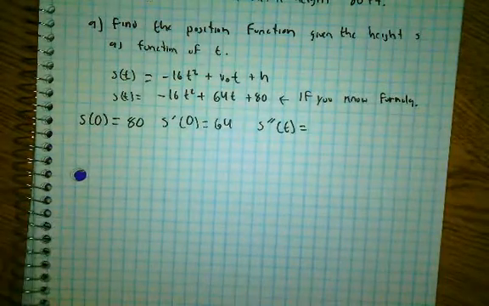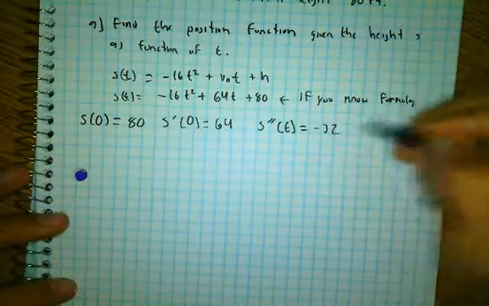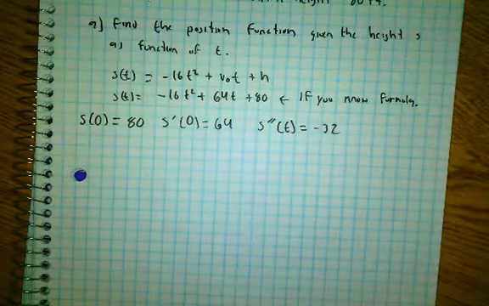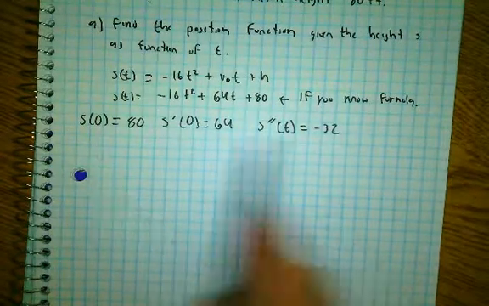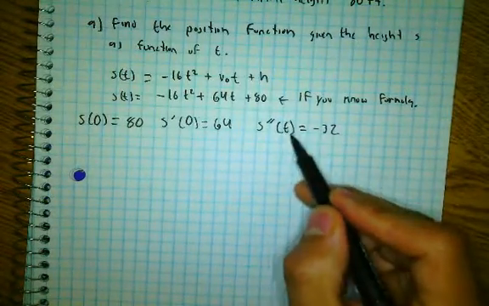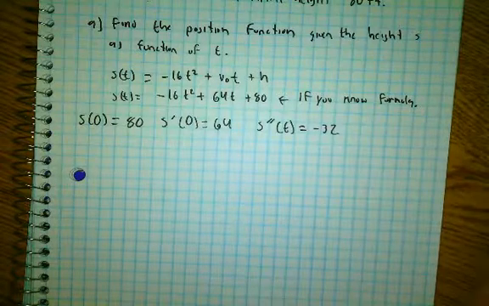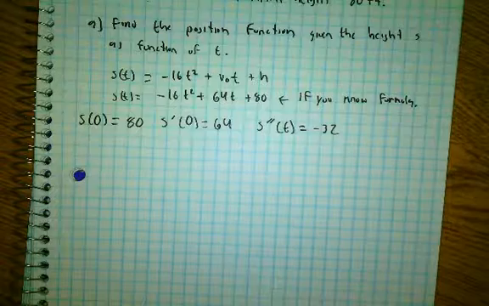Okay. How can we obtain the velocity formula? So you would say that the velocity would be equal to the antiderivative of what? Agreed? Okay.